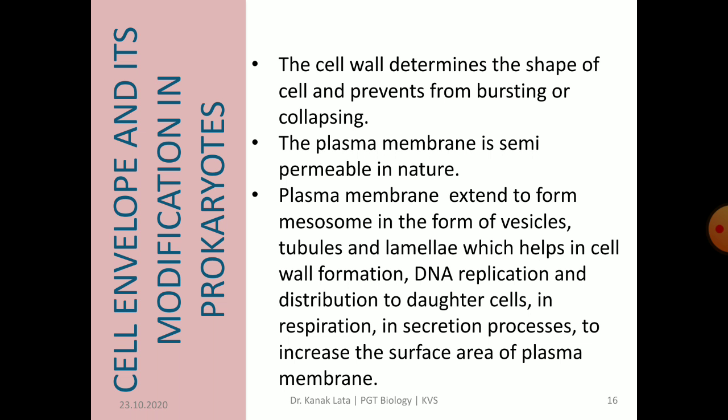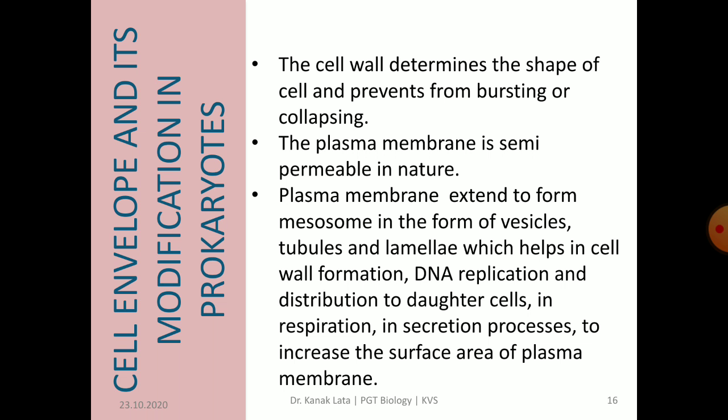These extensions are in the form of vesicles, tubules and lamellae, which help in cell wall formation, DNA replication and distribution to daughter cells. They also help in respiration, secretion and to increase the surface area of the plasma membrane and also the enzymatic content.